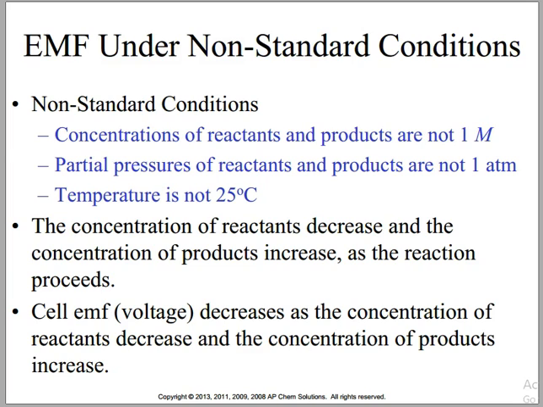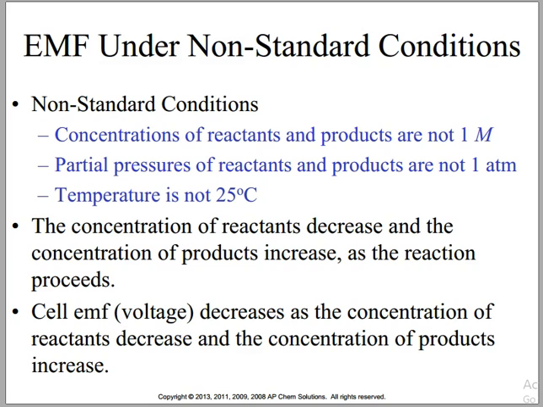All right. Now, a cell can only remain under standard conditions for a brief moment in time. So as the reaction proceeds, the reactants are consumed, the products are formed, and in doing so, the concentrations or partial pressures of the reactants decrease, and the partial pressures or the concentrations of the products increase.